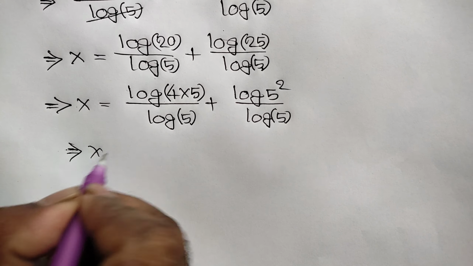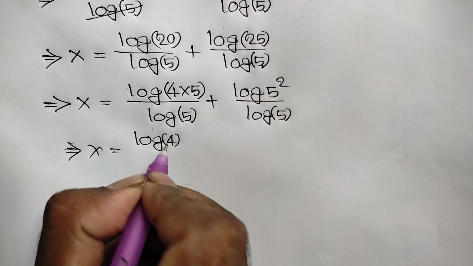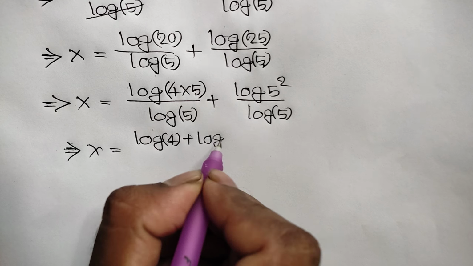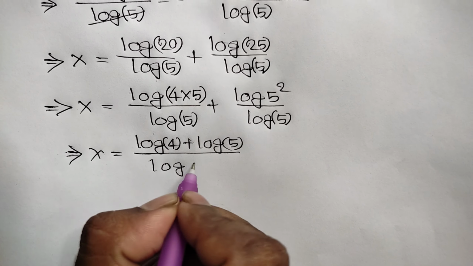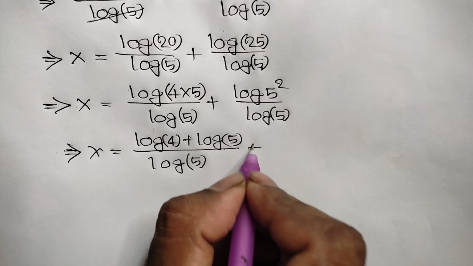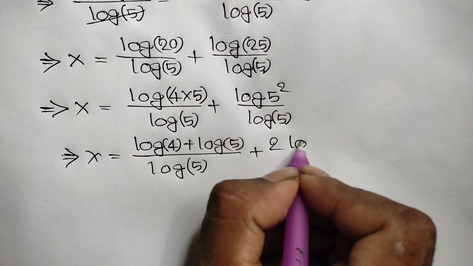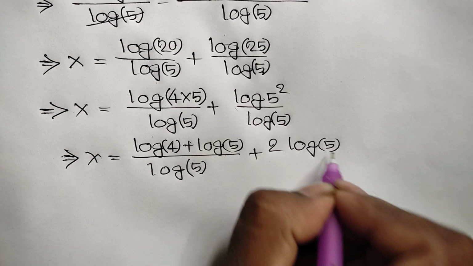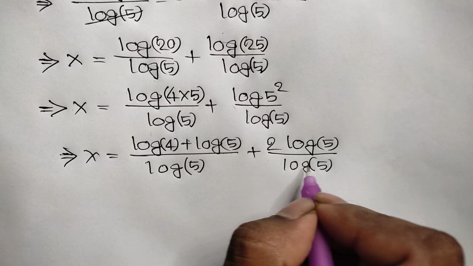So x is equal to log of 4 plus log of 5 over log of 5, plus this 2 moves here, so we get 2 times log of 5 over log of 5.